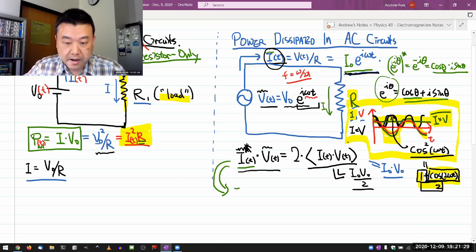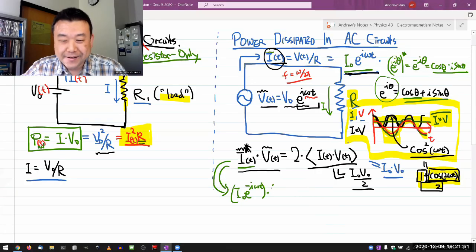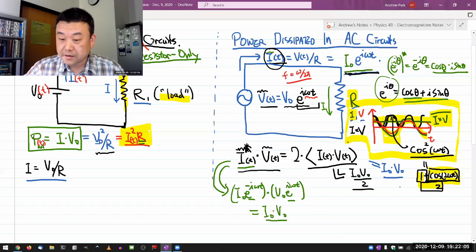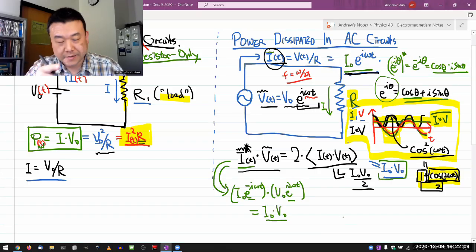So it's going to be I naught times e to the minus I omega t times V naught times e to the I omega t. And when you do this product, do the exponential algebra, you get I naught times V naught. And oh yeah, that's what I said I was going to get. So in this specific example, it worked out.